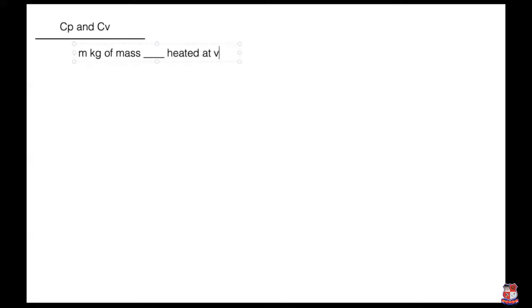One is volume constant, and second is pressure constant. So here we bifurcate the two things. Here I draw one line, so you can easily understand.